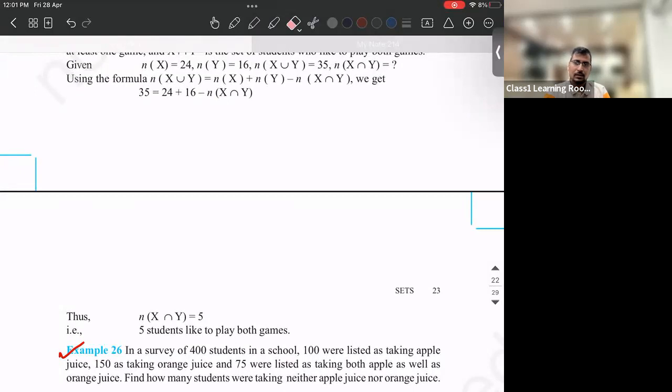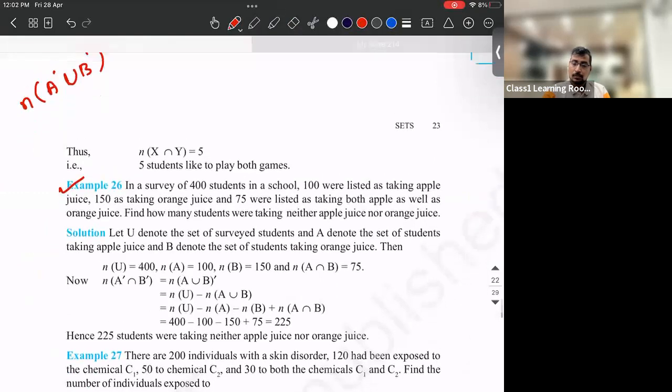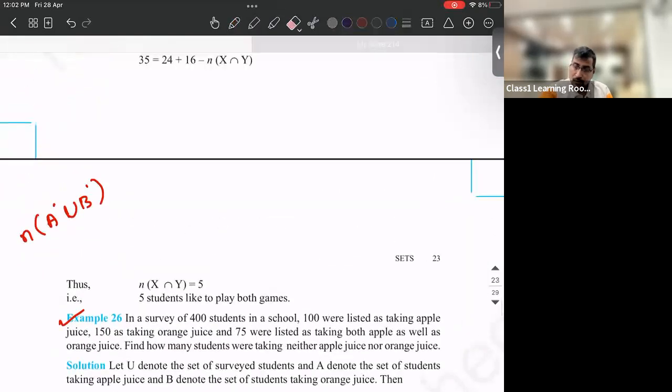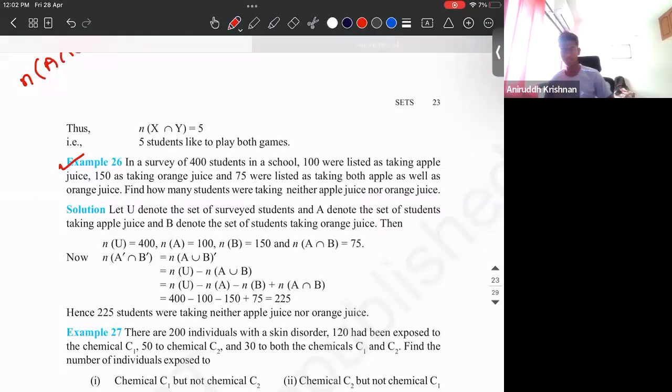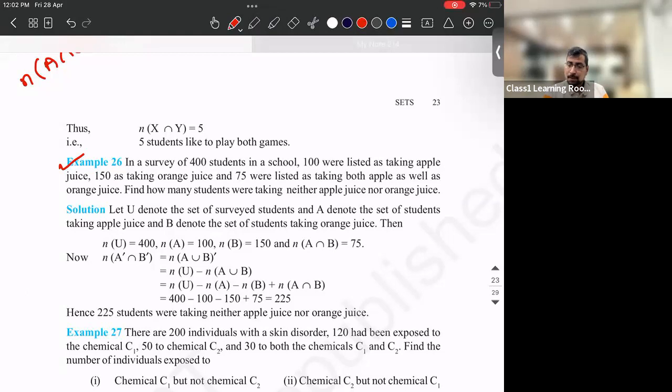Number of students who are not taking apple juice or orange juice is 225.